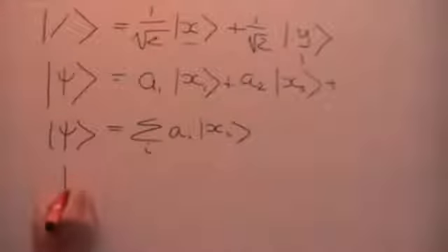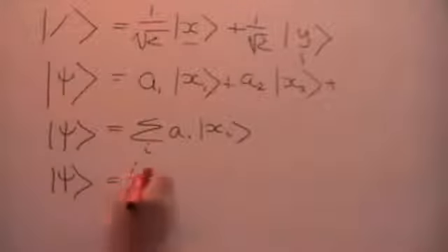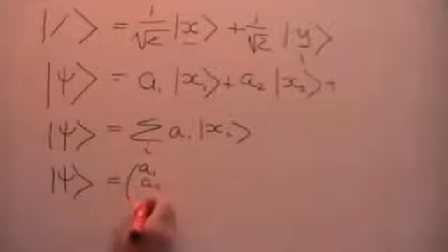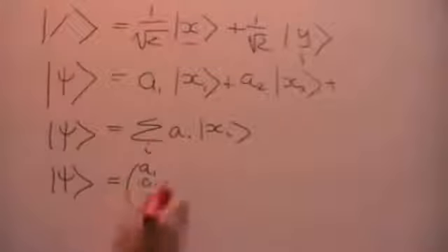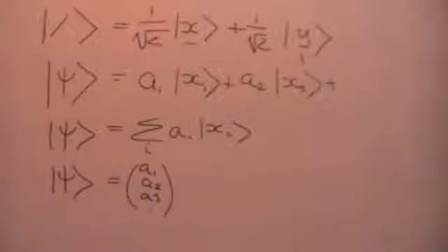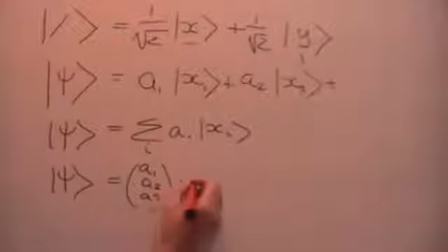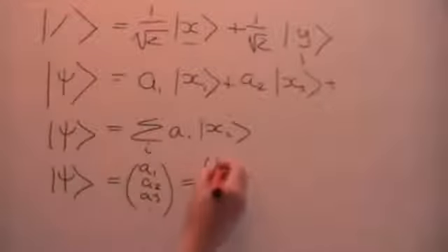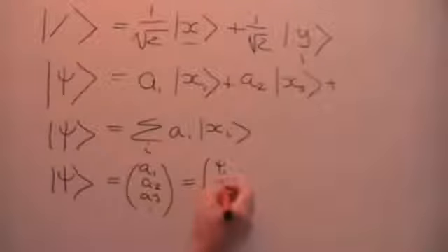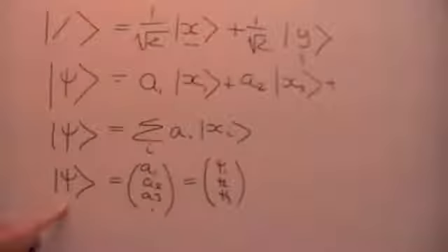Psi can also, of course, be written as a column vector, and that would be written as A1, A2, A3, all the way down to as many as you need. And that is sometimes, confusingly, also written as psi1, psi2, psi3, and so on, where psi, which is the wave function, is also used to represent the probability amplitudes.